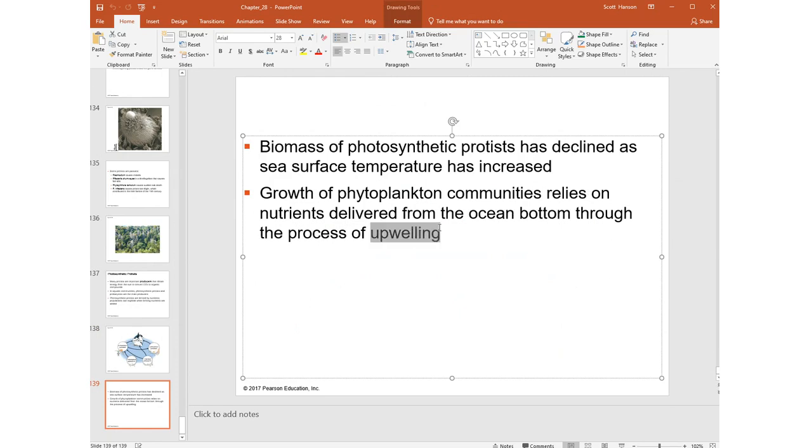Upwelling is basically water from the bottom or near the bottom flowing up to the surface of the ocean. There's been some decline in recent years, and there's some cause for concern, but hopefully these processes will stabilize or reverse, and we'll be in good stead in the future. But anyway, that's what's going on currently.